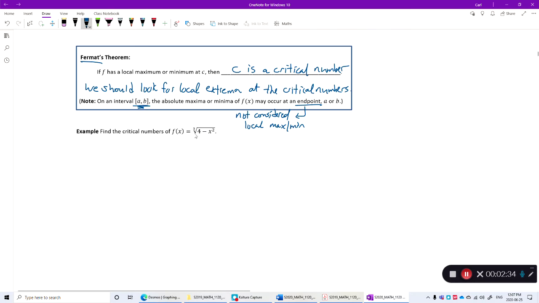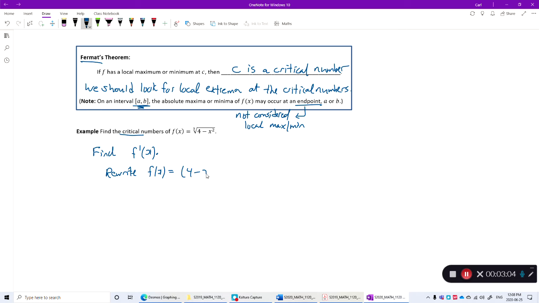Okay, so let's say we're dealing with this function, and we're trying to find the critical numbers. That depends entirely on the derivative. So first find the derivative. How do we find the derivative? Well, let's first rewrite the function using a fractional exponent.